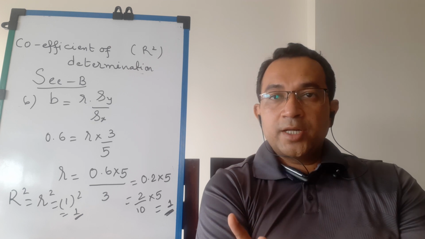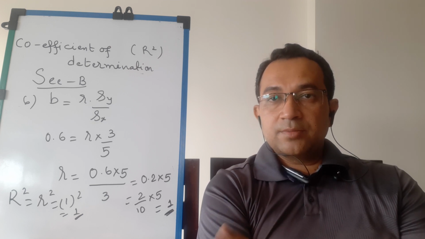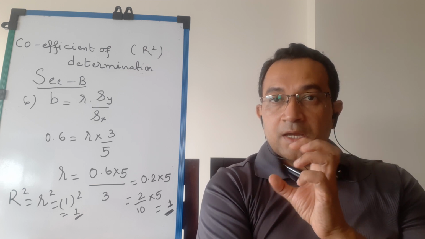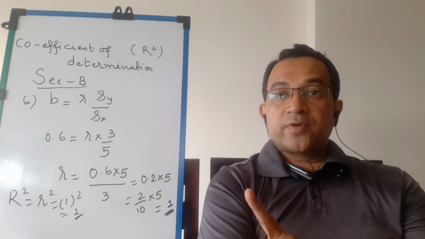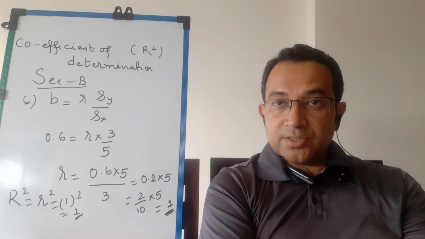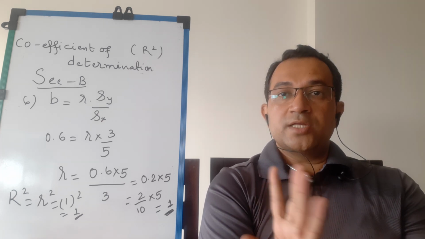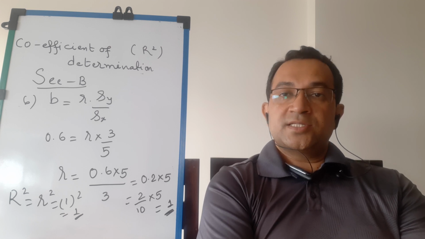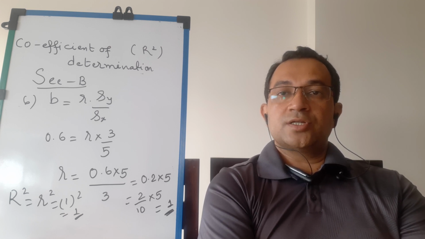So you have obtained estimates from regression line, but you should pause for a while. First find the coefficient of determination, and if it is close to 1, your estimates are reliable, and hence you are free to use the estimates obtained from regression line.